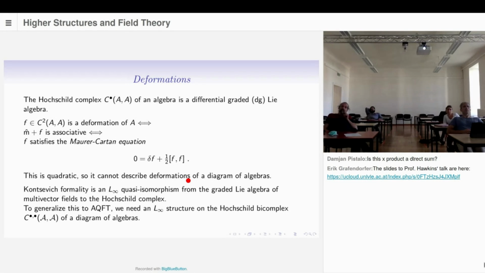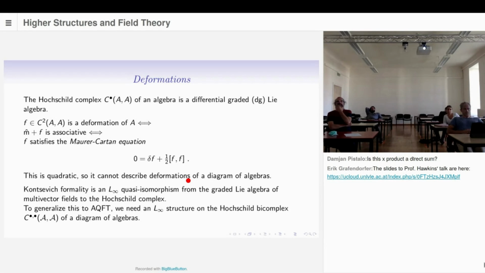The first is simply a graded Lie algebra of multi-vector fields on a manifold, and the other is the differential graded Lie algebra of the Hochschild complex. But it's in the setting of L-infinity algebras.